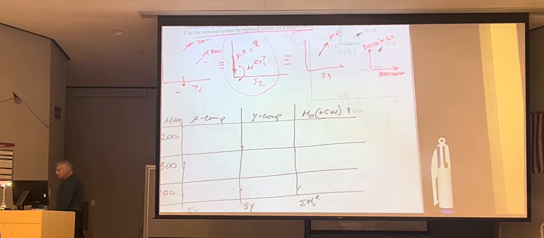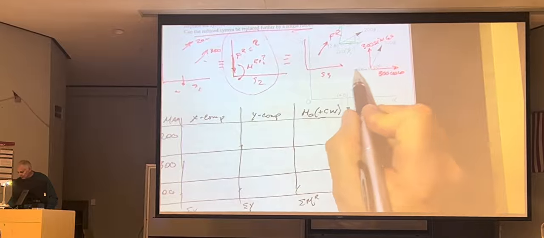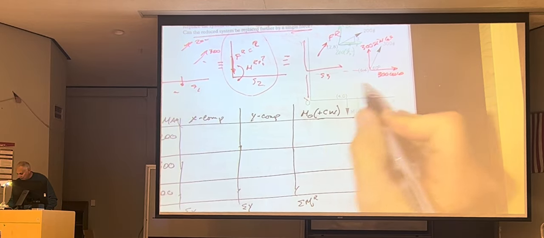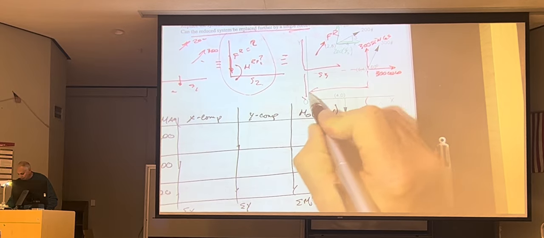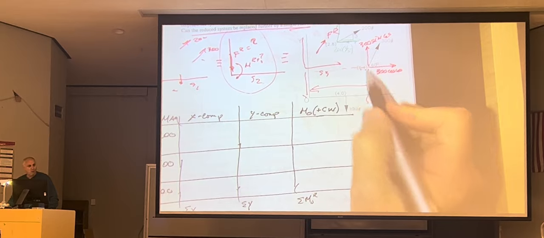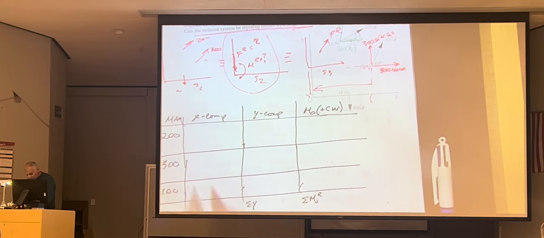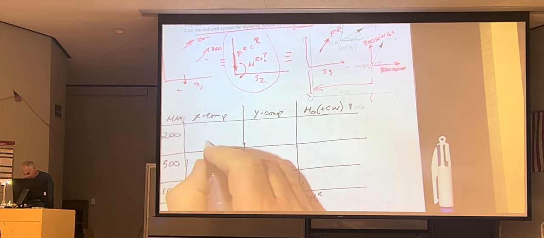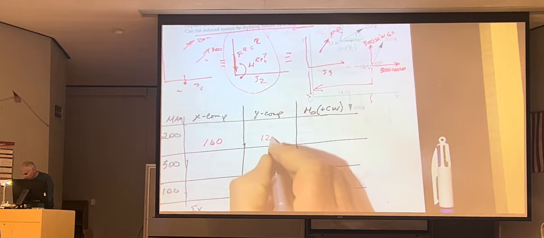It's much easier to do Varignon's because I know what the distances are from here to here. I know what the distances are from here to here. There. 6 in the x and 4 in the y. All right, so here I should have 160, 120.